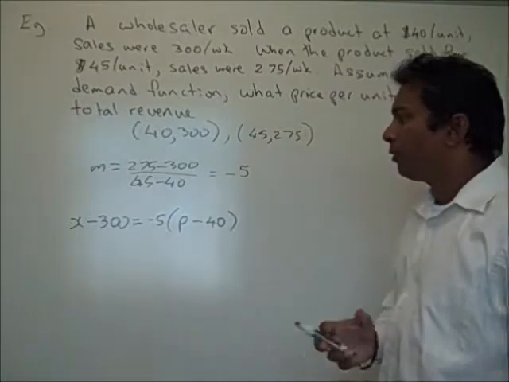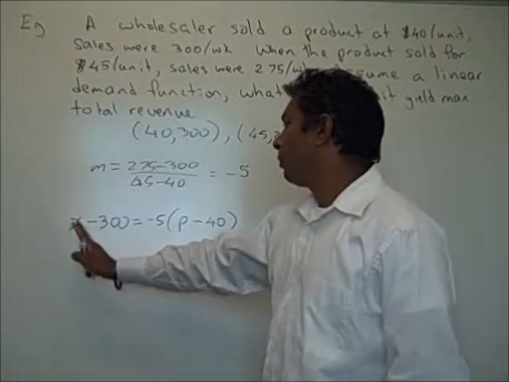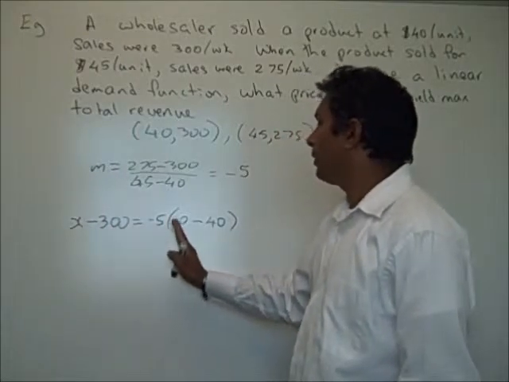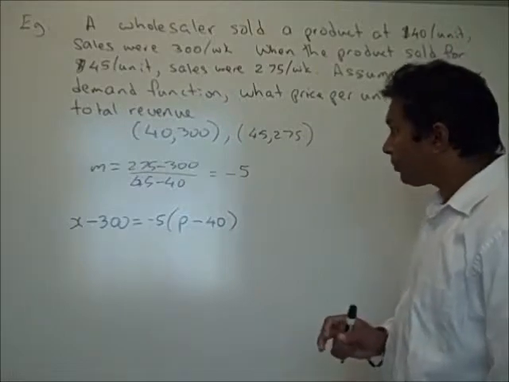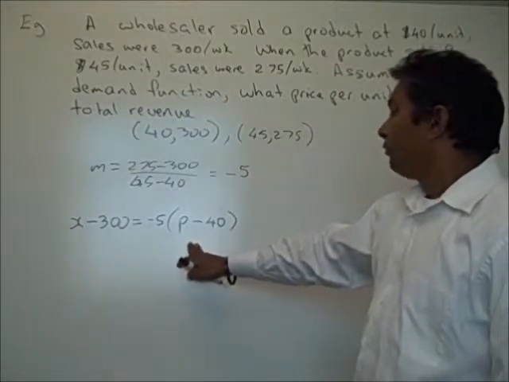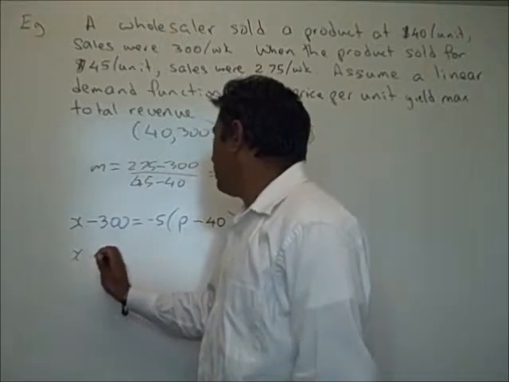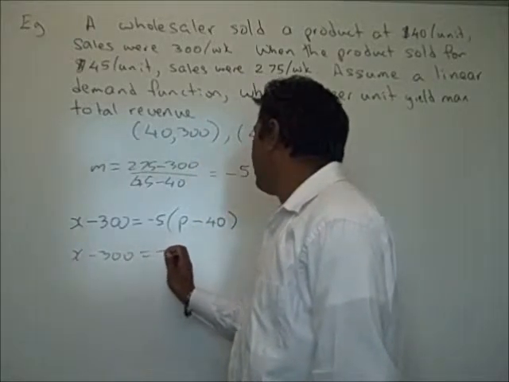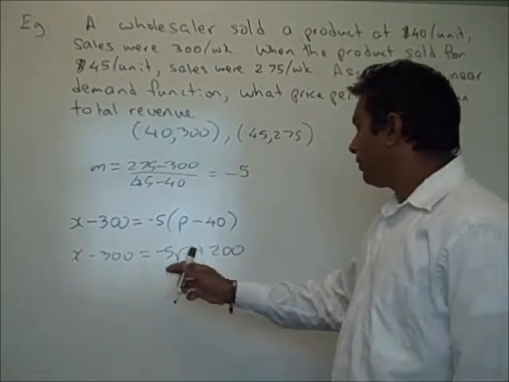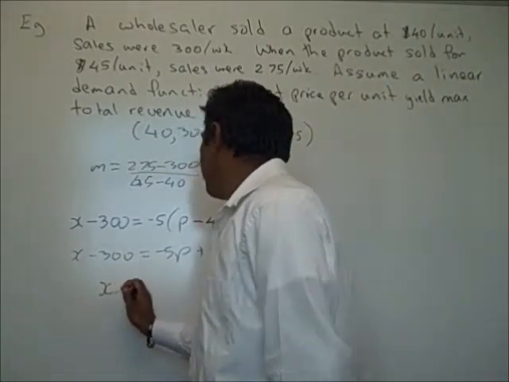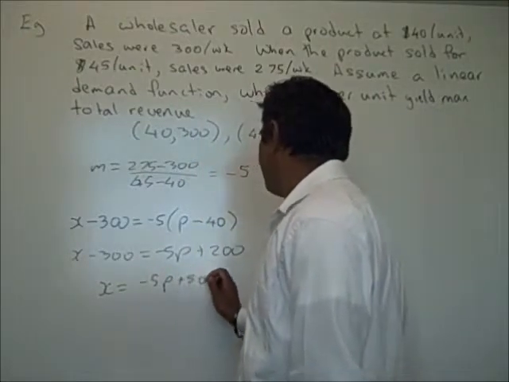This is coming from our point-slope equation, y minus y1 is equal to m times x minus x1. To find our linear equation, if we simplify this, we have x minus 300 is equal to negative 5p plus 200. If you add 300 to both sides, x ends up being negative 5p plus 500.